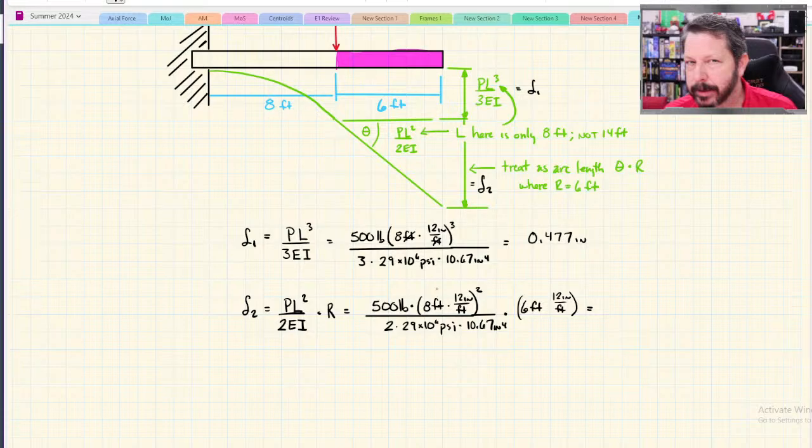All right, let's see, 10.67 times 29 million times 2, that's our denominator. Well, 8 times 12 to convert feet to inches, squared, times 500 times 6 times 12 divided by our denominator, 0.536.